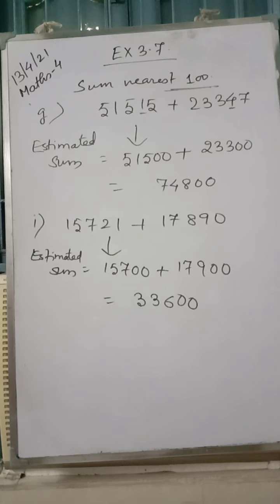Now question number 2, it says 1,492 adults and 1,821 children visited an exhibition. Estimate the total number of visitors in the exhibition to the nearest 1000.